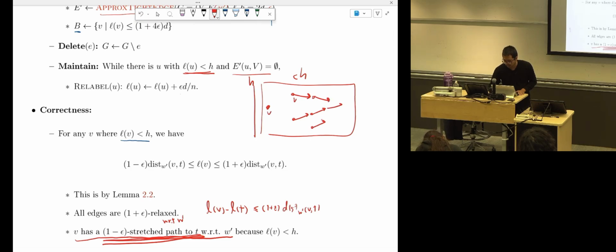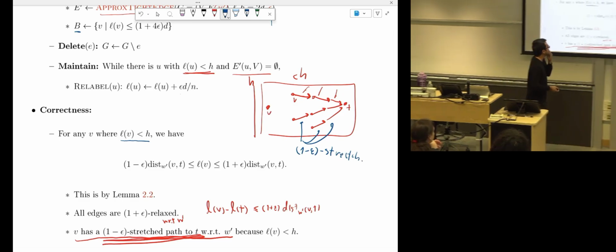Everyone except T has an active edge going out. So if every node has one edge going out except T, then there must be a path from V to T. And everything here is active, so the active thing here is 1 minus epsilon stretch. So it's almost fully stretched.